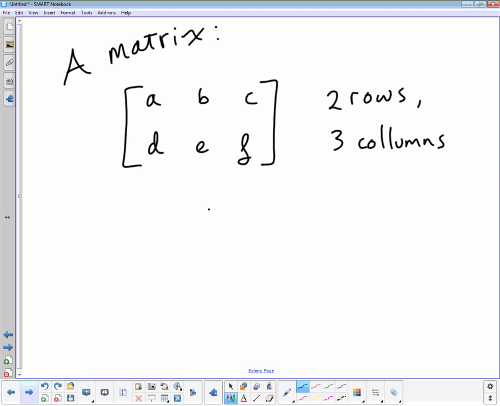This is a 2 by 3 matrix. Okay. It describes 6 objects. All right. Now, some of the properties of matrices. Matrices, you can distribute a constant to them.